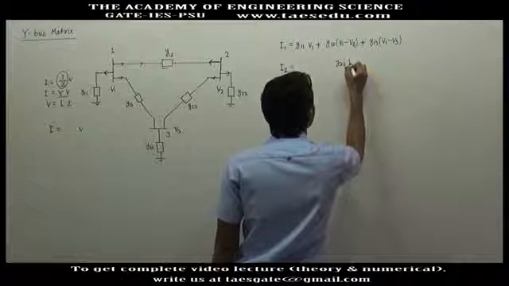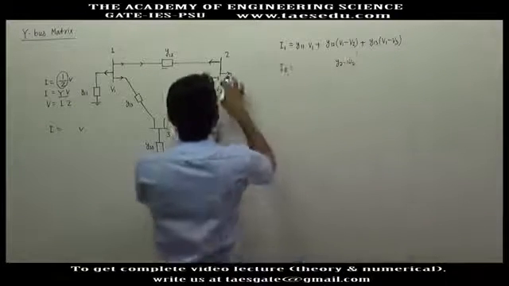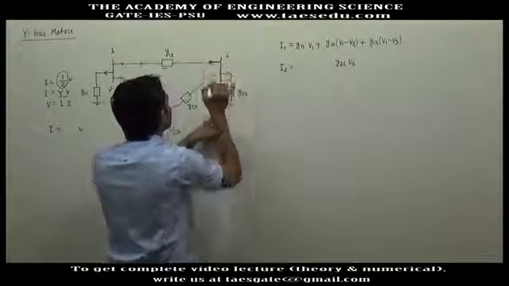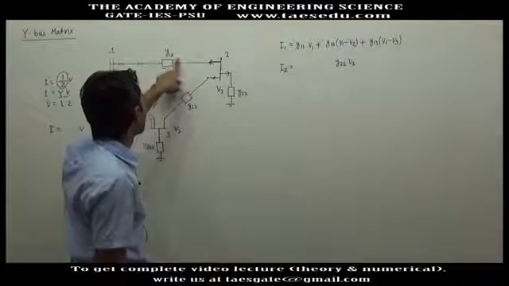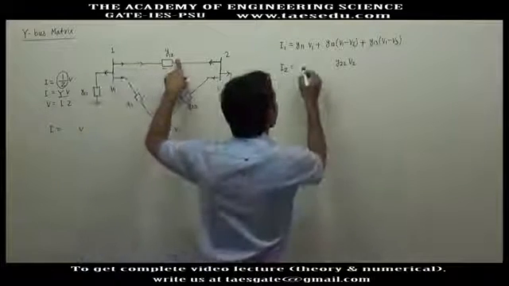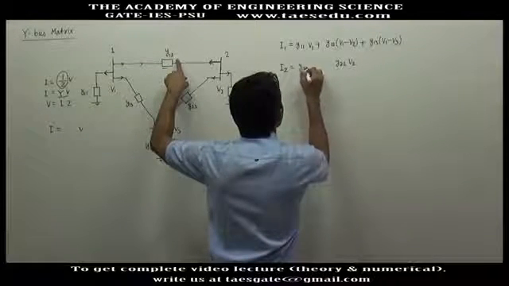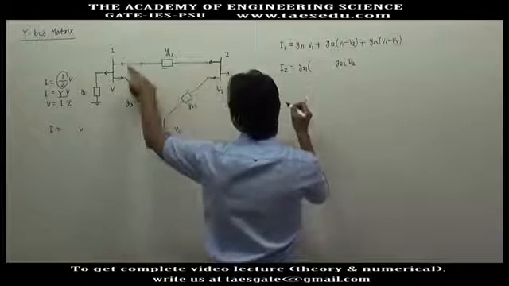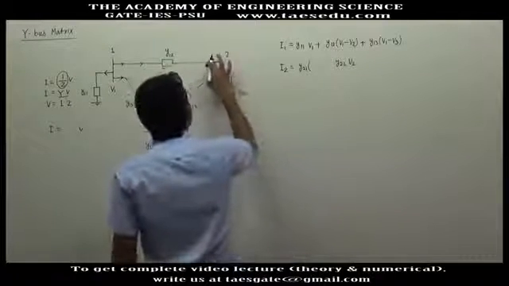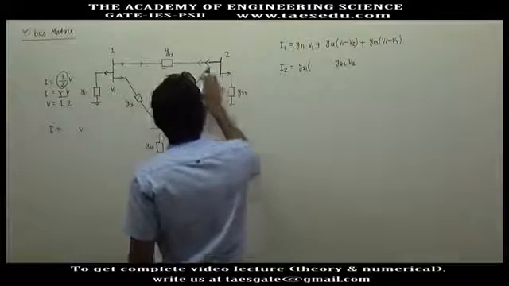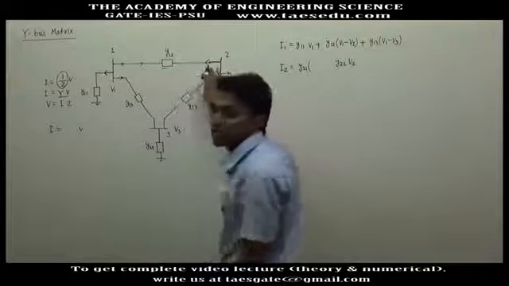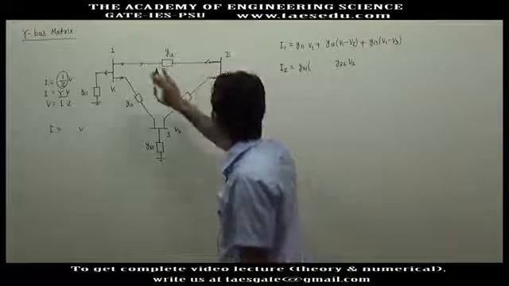This current is Y21 into V2 minus V1, because for this current I am taking the reference from right to left, so the voltage difference will be V2 minus V1.